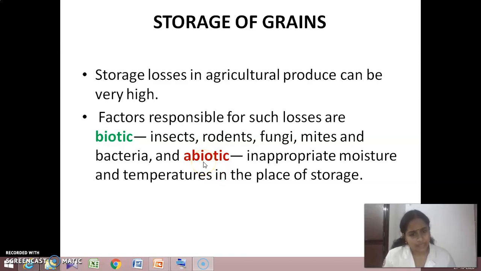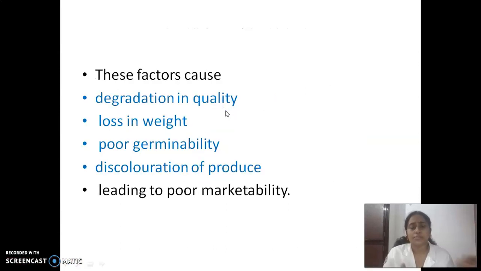In abiotic factors, inappropriate moisture and temperature in the places of storage is responsible for such losses. So, the factors cause degradation in quality, loss in weight, poor germinability, discoloration of produce. This leads to poor marketability.